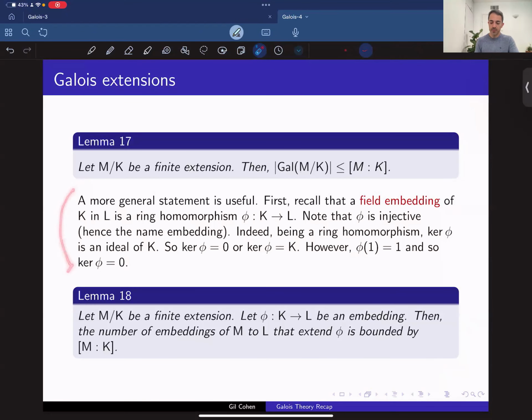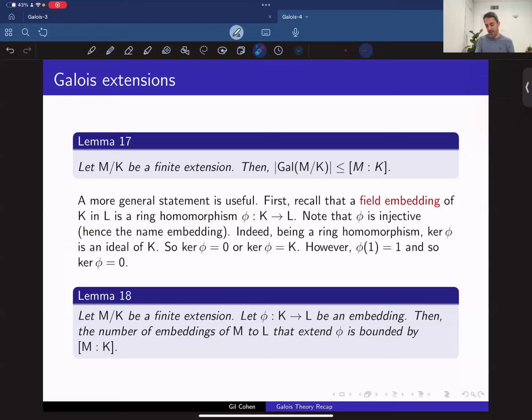Okay, so this little paragraph here just reminds you of something that we talked about. Say you have two fields K and L, and there is a field homomorphism between them. You can think of this for a second as a ring homomorphism between them. Forget about the fact that you have inverses and so forth. Then what I want to say is that if K is a field, that suffices, then phi must be an embedding.